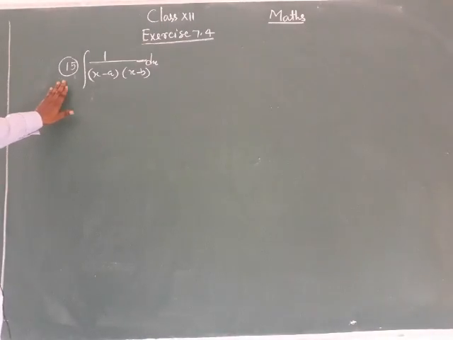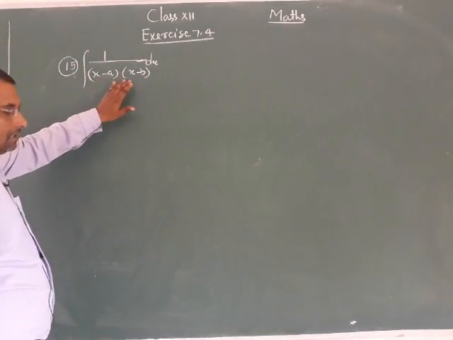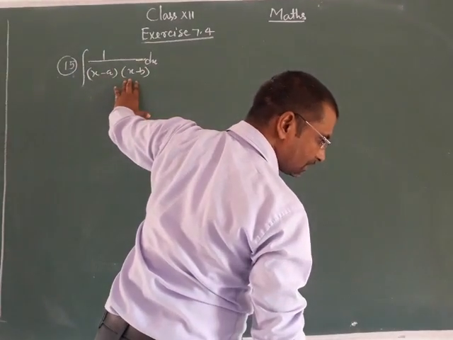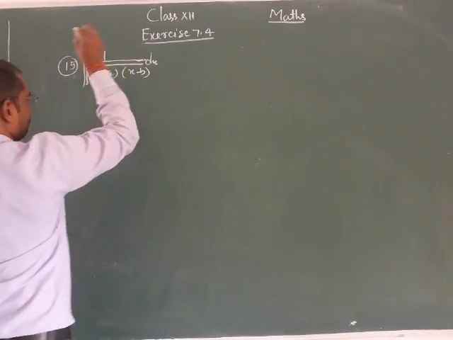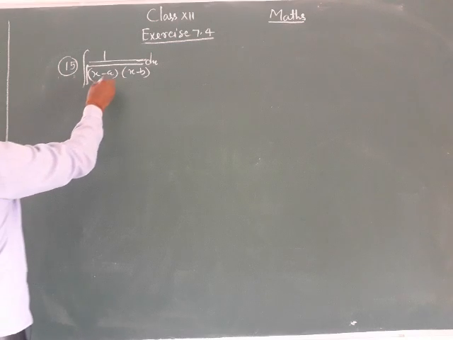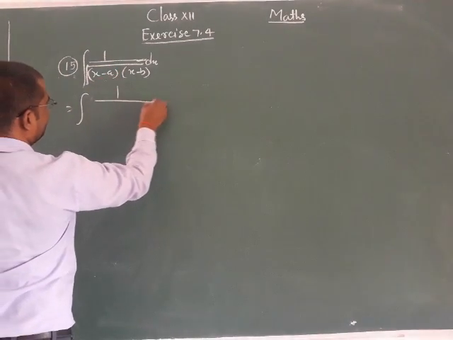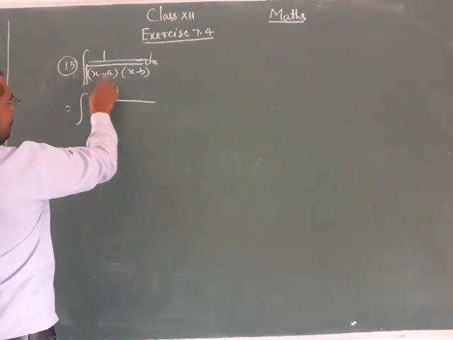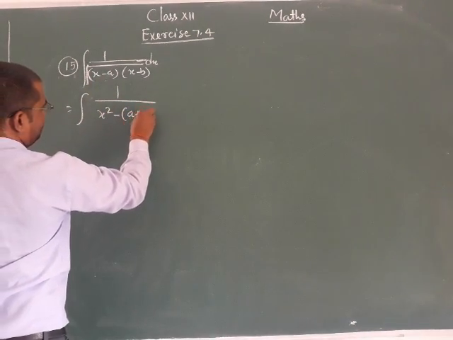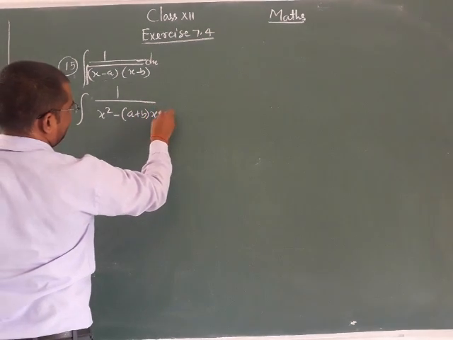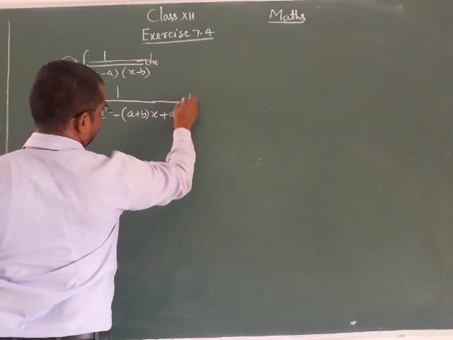Question number 15. Integral of 1 upon root of (x minus a)(x minus b). So now we can solve in another form. 1 upon root of x square, in bracket a plus b into x, plus a into b, dx.